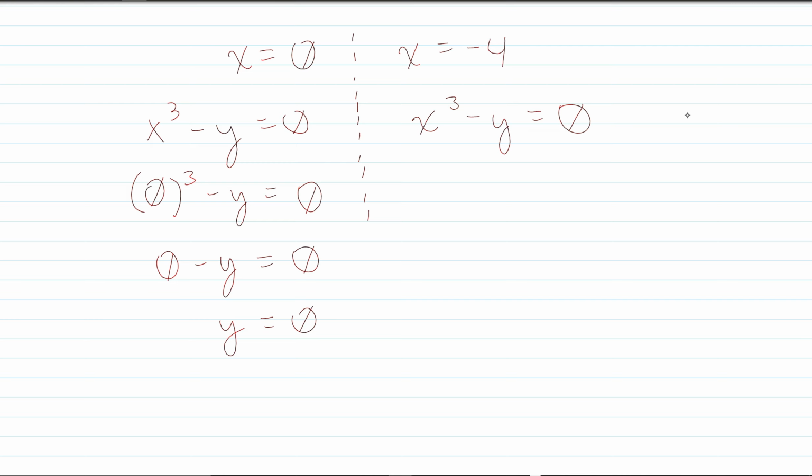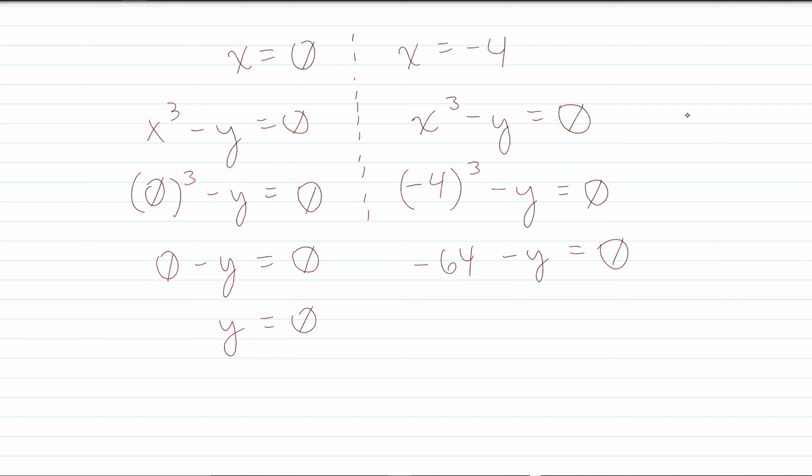Alright. On the other side, we have x to the third minus y equals 0. We're going to plug in a negative 4 for x. So we have negative 4 to the third minus y equals 0. So negative 4 to the third power gets us a negative 64 minus y equals 0. And then we go ahead and solve for y.